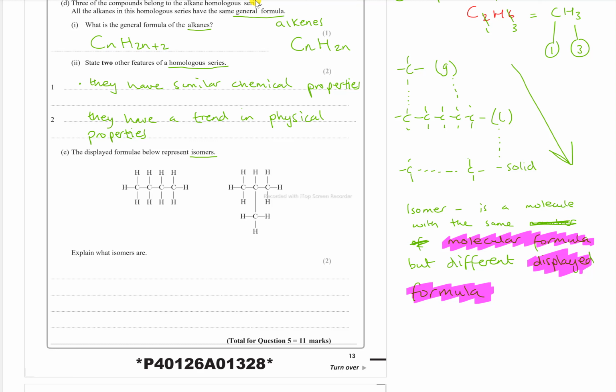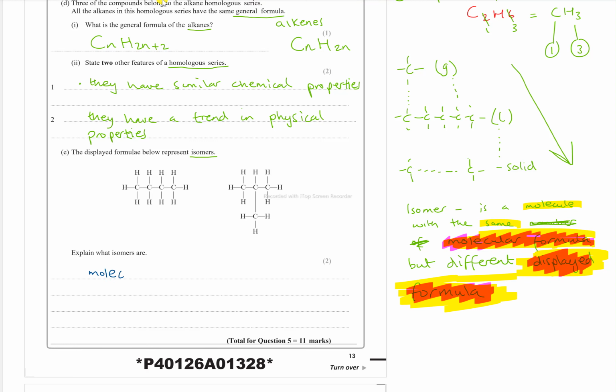So we know what an isomer is. An isomer is a molecule with the same molecular formula, but different displayed formula. That's it. So let's write that definition down.